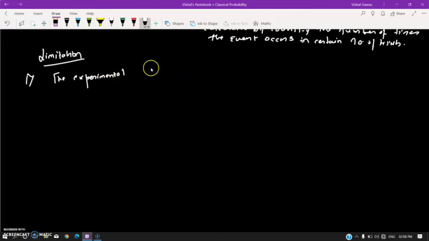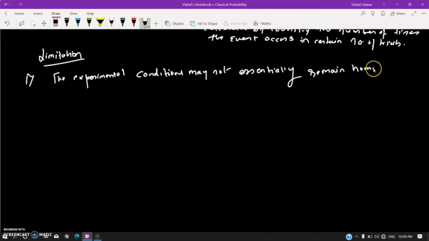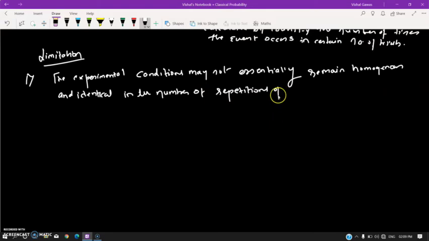experimental conditions may not essentially remain homogeneous and identical in the number of repetitions of the experiment.